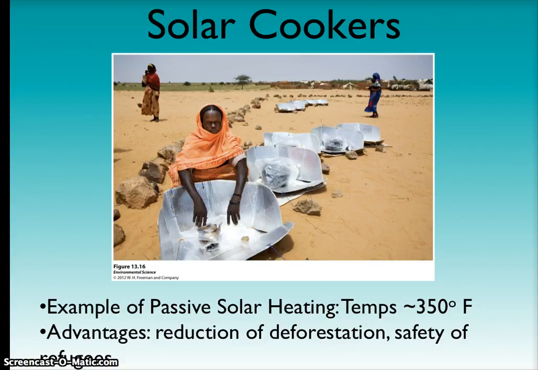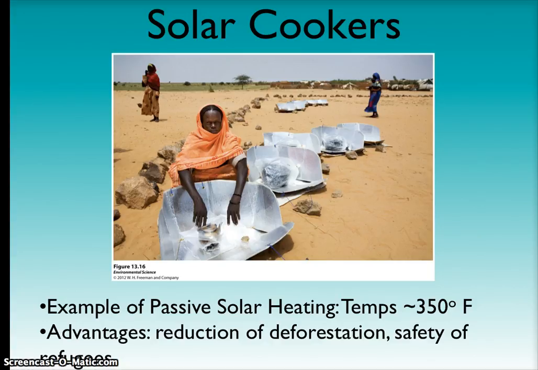If you remember back to freshman year, you all built a solar cooker, and solar cookers, if you're using the right materials, and you've got the right angle of the sun in certain geographic locations and latitudes, temperatures can reach roughly 350 degrees, and these can be used for a variety of different things. Boiling water, cooking traditional dishes of rice, beans, chicken. So again, they're very, very practical advantages.